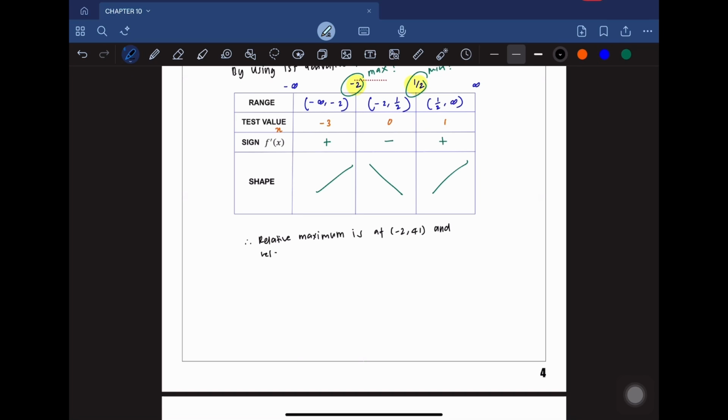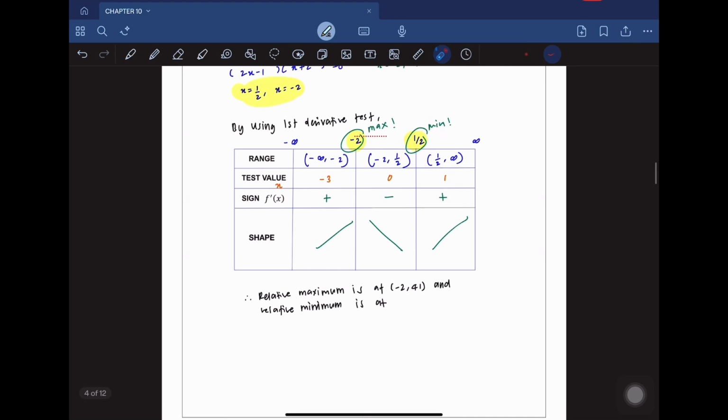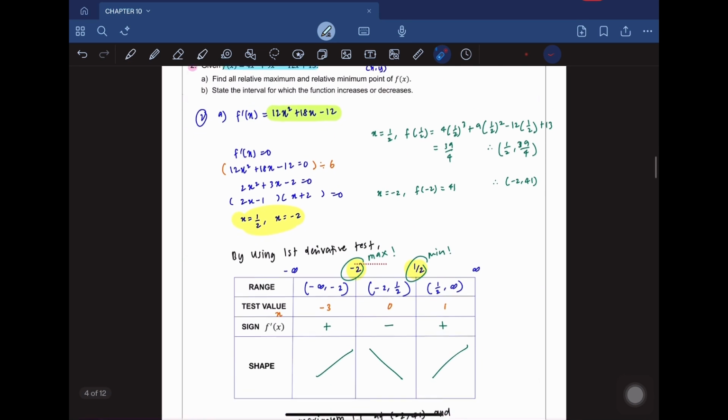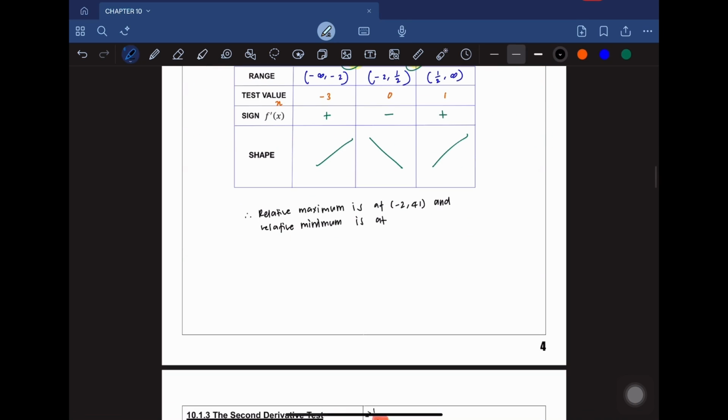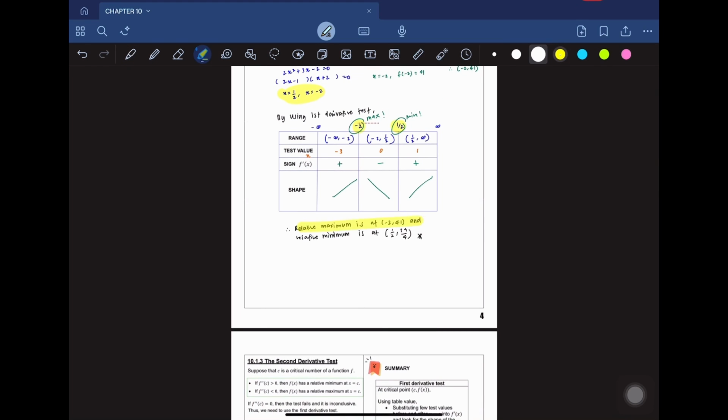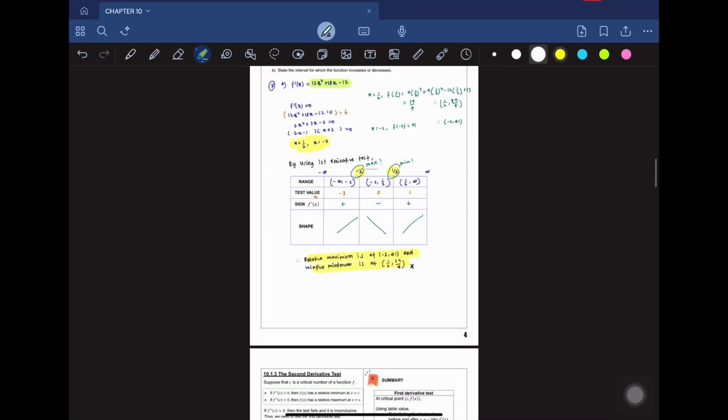And relative minimum is at, ni minimum kan, so minimum point dia 1/2, masukkan sahaja 1/2, 39/4. Okay, settle part A. So this is how you use the first derivative test.